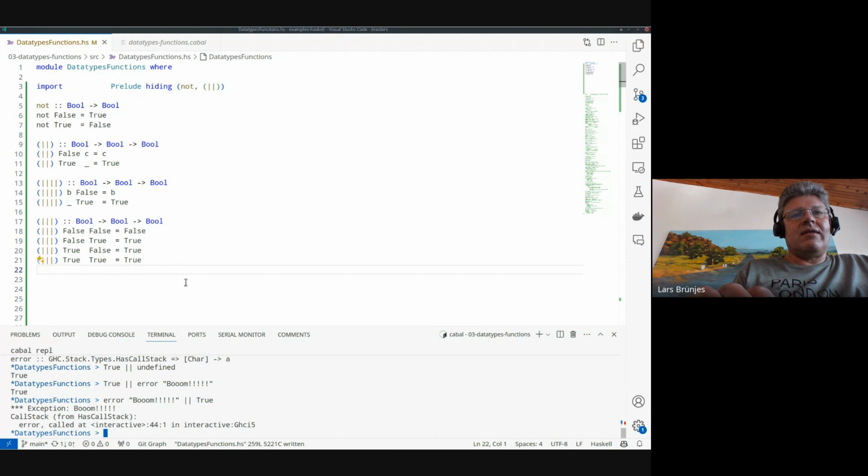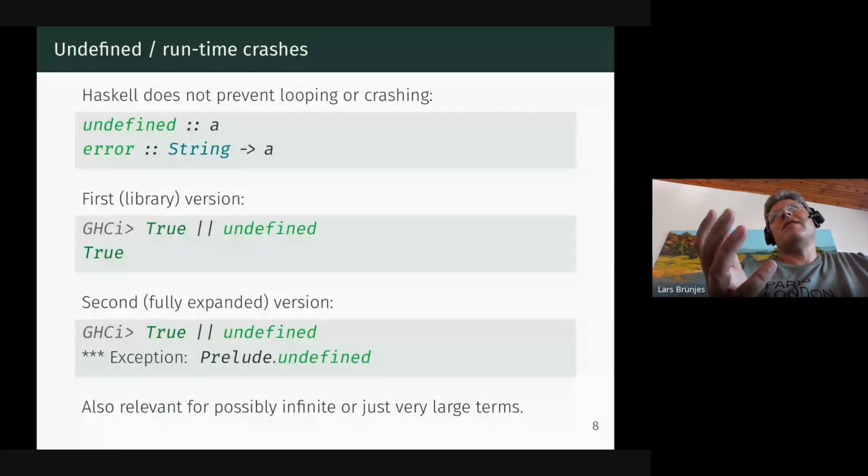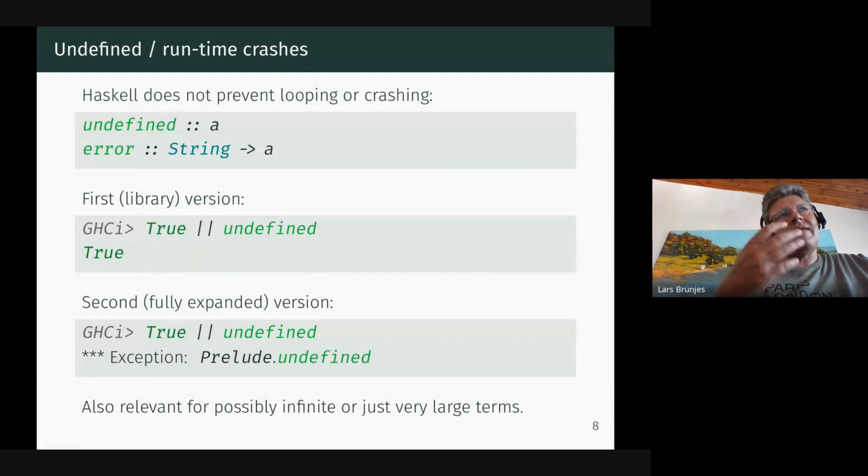So that's quite useful, this undefined and this error. Undefined is often used during development if there are parts of your program missing. I said before on Monday, it's good practice to always permanently compile your program. It should always compile, because if you first write hundreds of lines of code and don't compile and then start compiling, you normally end up with hundreds of errors, and then it's very painful to fix them. So it's much better practice to always keep it compiling. But of course, you can't really do that. You must start somewhere, and then there will always be holes in your code, things you haven't implemented yet.